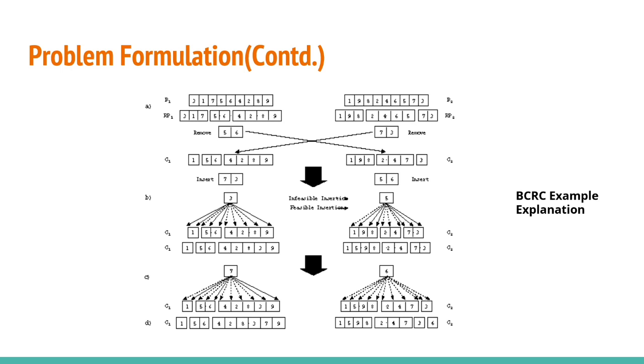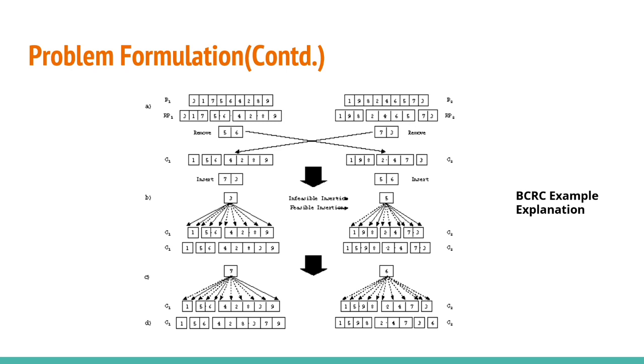Now we delete the 5, 6 customers from parent 2 and we delete the 7 and 3 customers from parent 1. Since we have deleted 7 and 3 from parent 1, we have to insert them again, because we have to serve all customers, we cannot leave any customers out.